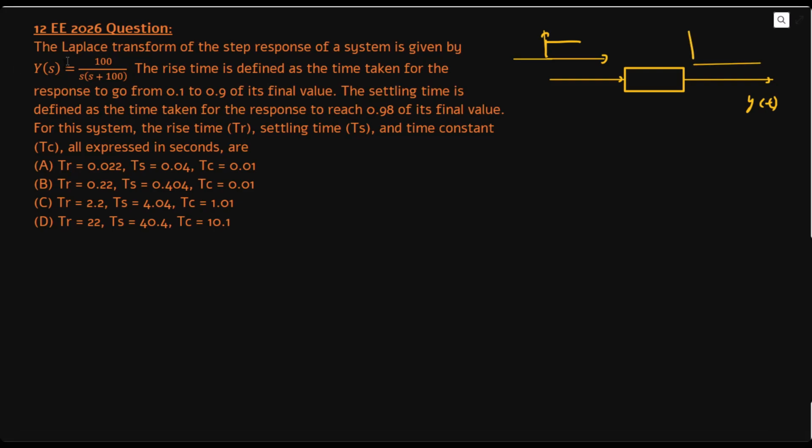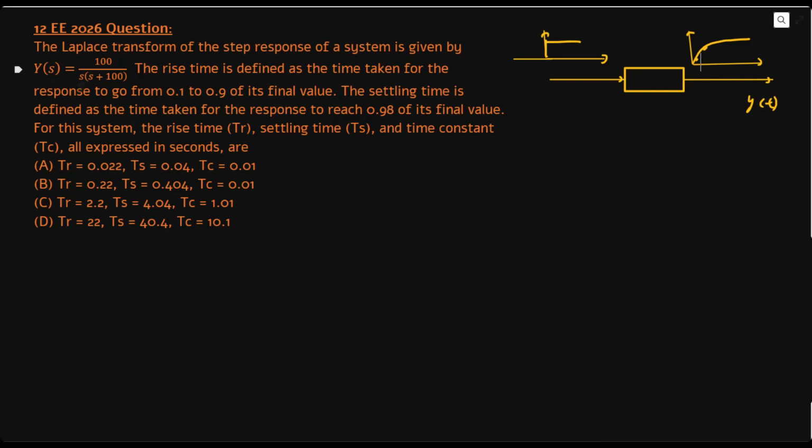So we have something, we don't know exactly what type of output, but something that rises over time. And so the rise time is defined as the time it takes for the output to go from 0.1 of its final value to 0.9, and then we have the time to reach 0.98, and you asked about the time constant.